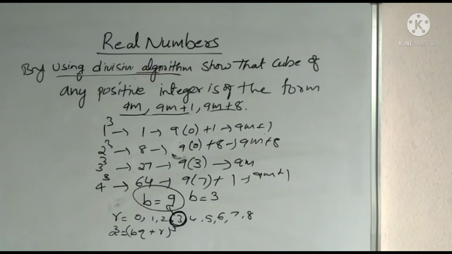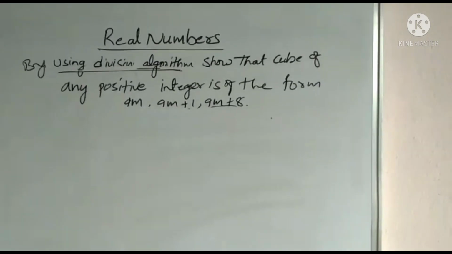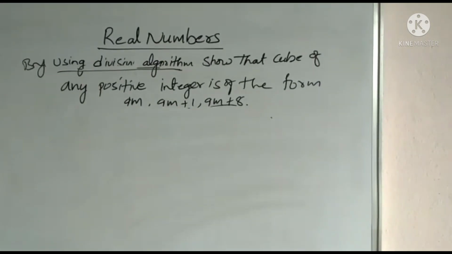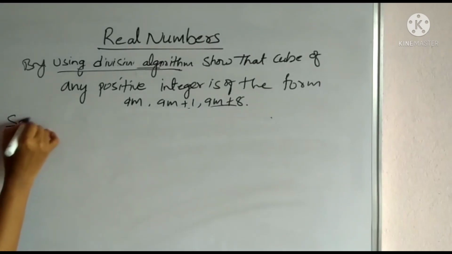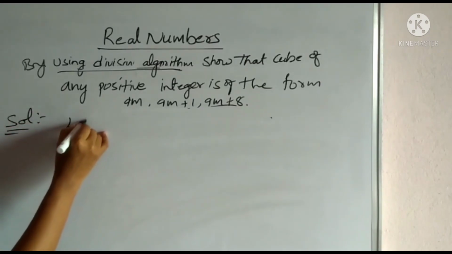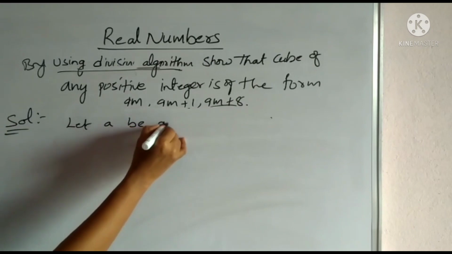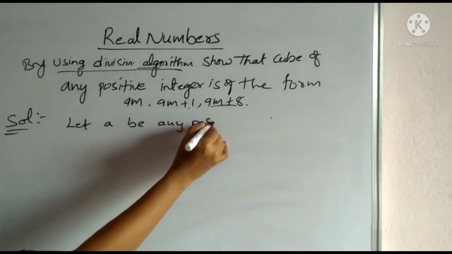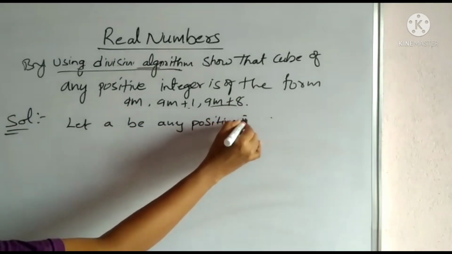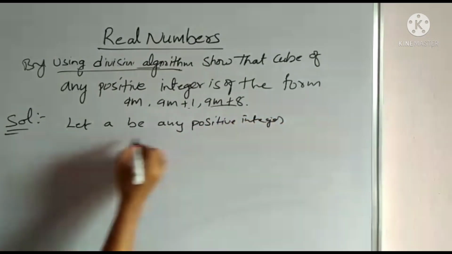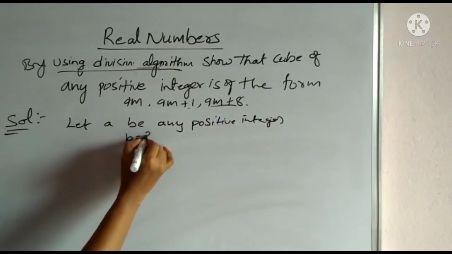Okay, let's start the solution. Let a be any positive integer, and b equal to 3. Okay, I already explained why we took b as 3.